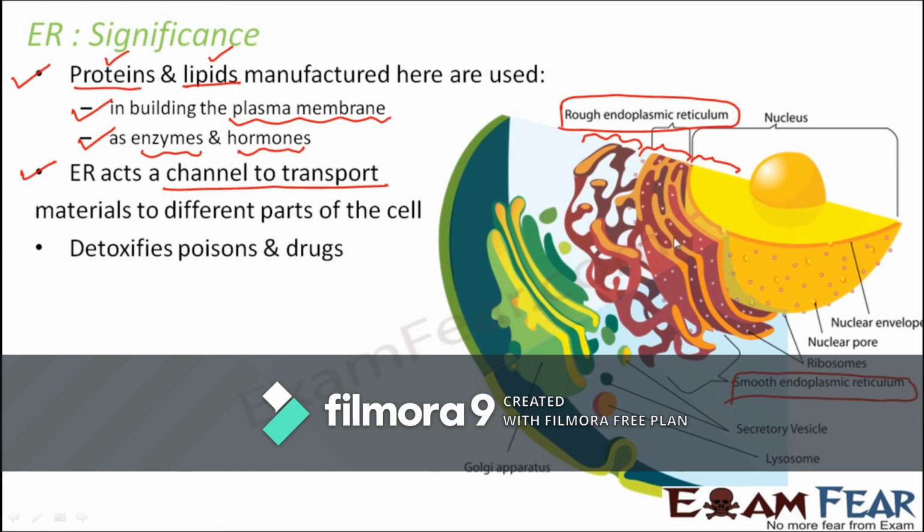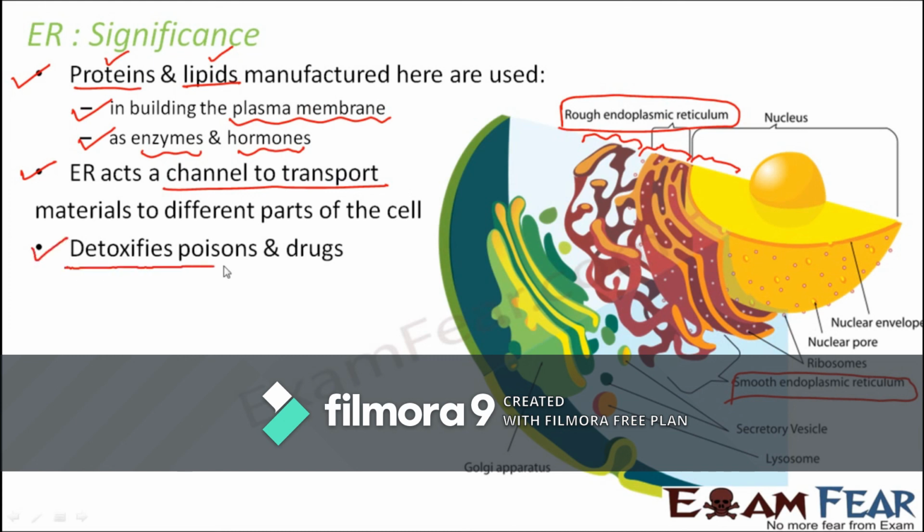So this endoplasmic reticulum will help in transporting substances. Whatever substances come out of the nucleus through the nuclear pores will be taken up by the rough endoplasmic reticulum, then sent to the smooth endoplasmic reticulum, and then sent to different parts of the cell. That's how it helps in transportation of materials to different parts of the cell.